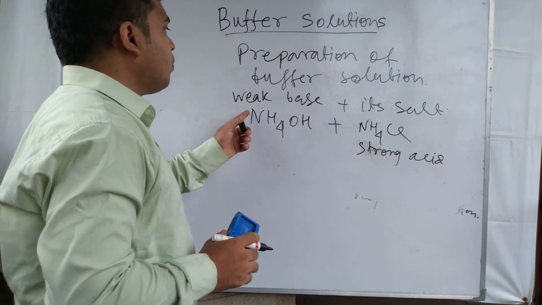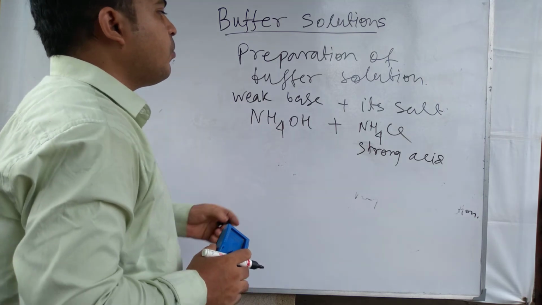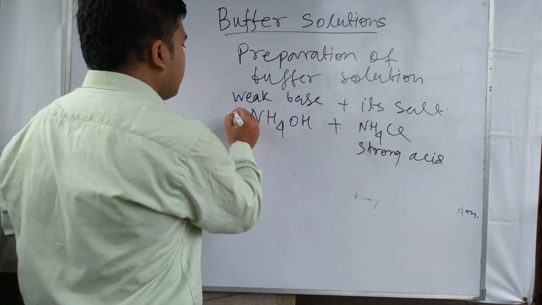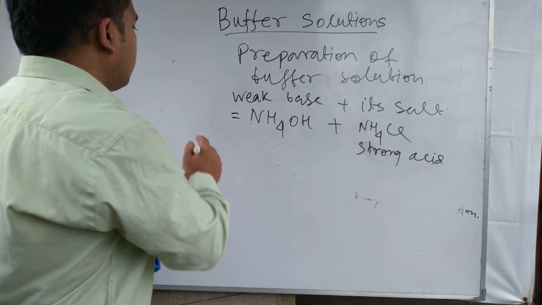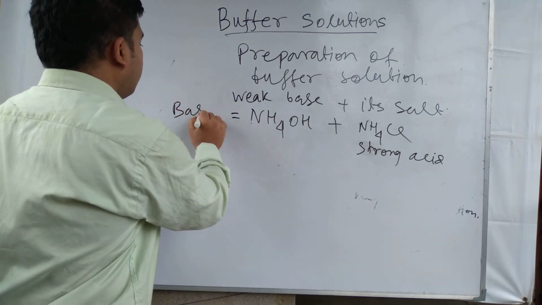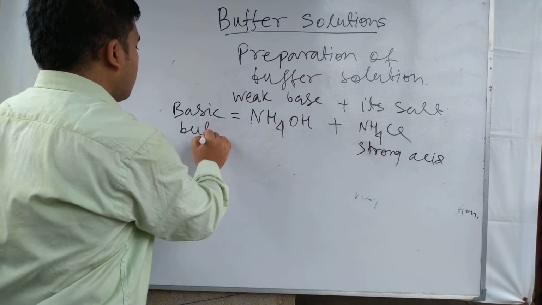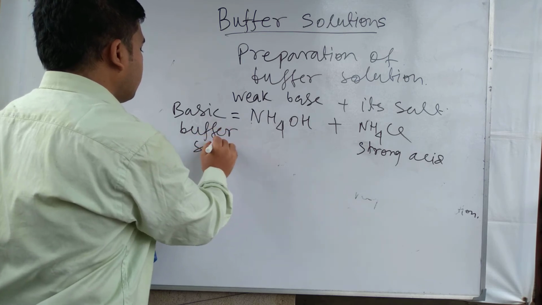When ammonium hydroxide and ammonium chloride are mixed together, it is called a basic buffer solution.